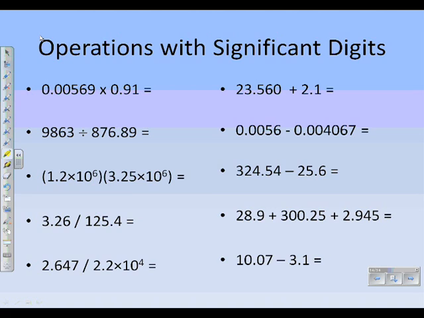Remember, multiplication and division, answer has to match the lowest total number of significant digits of our original measurements. Addition and subtraction, we're looking at decimal places. Hit pause, do your calculations, come back, answer should appear.